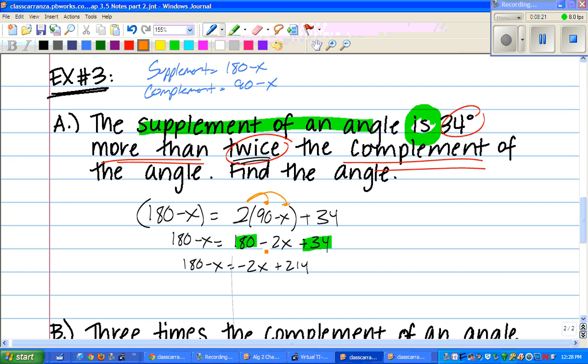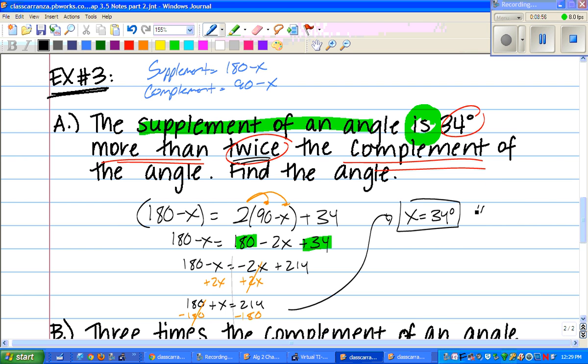Now, I'm going to get rid of the smaller x, so I'm going to add 2x to both sides. And we're going to get 180 plus x equals 214. And now we need to subtract by 180. And what we end up getting is x equals 34 degrees. Hey, that wasn't too bad, was it?